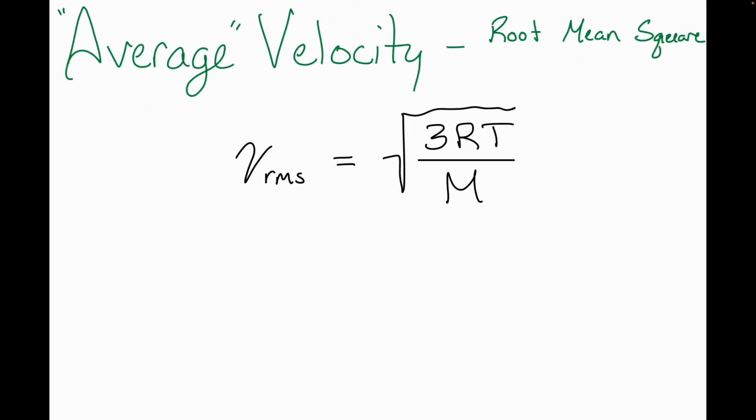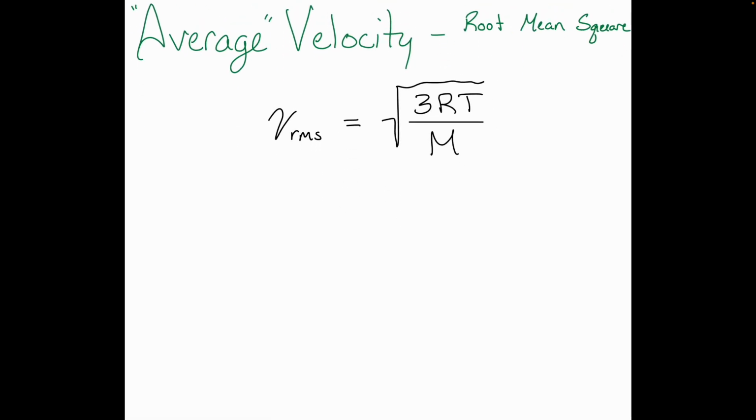All right, this is just the average velocity. Really, if we looked at a sample of gas, all of those molecules wouldn't be moving around at the exact same velocity. They would just have, on average, the same kinetic energy.